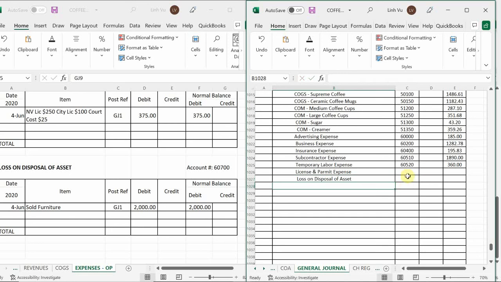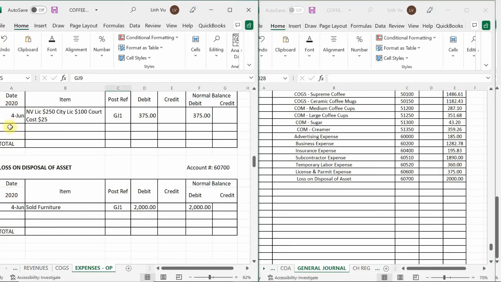Okay, so account numbers 6,600 and 6,700, and let me see, my license and permit was $375, and my loss on disposal of asset was for $2,000. Okay, so there you go. I'm going to go ahead and close these all out.